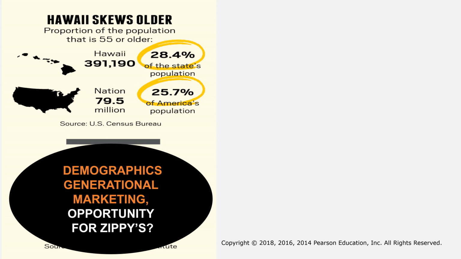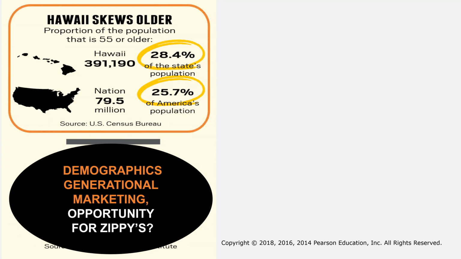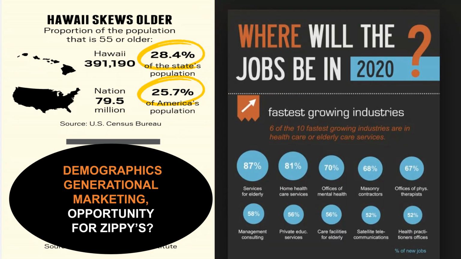So Zippies could proactively start looking at, how do I target that market and what are they wanting? And how could I potentially move into different types of businesses that could help me expand my overall Zippies business? So knowing that data is super critical. The other part of it is, where are the jobs going to be?